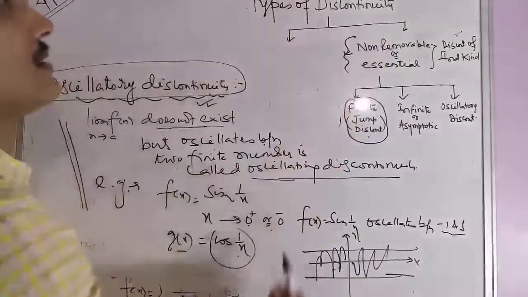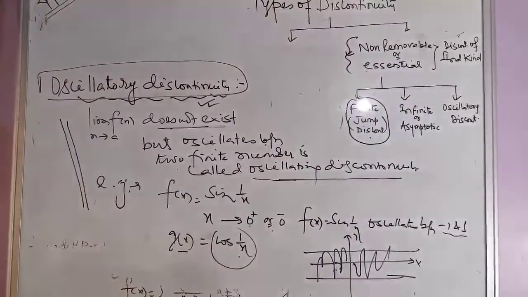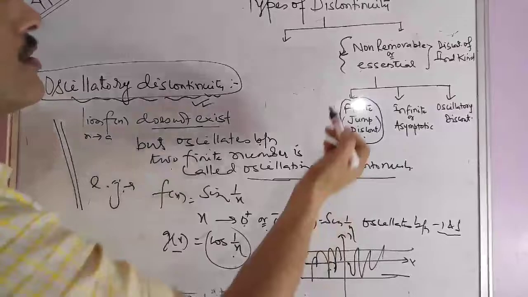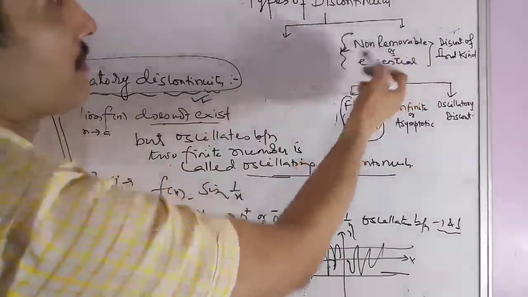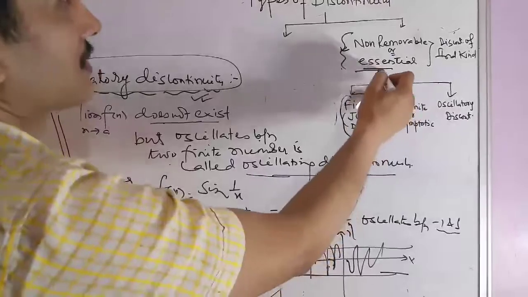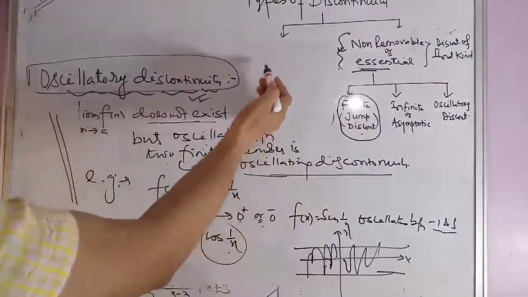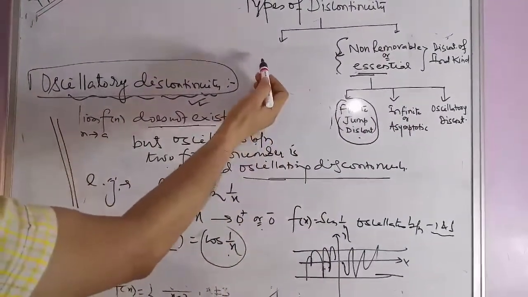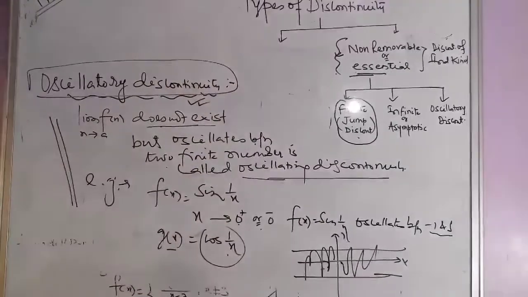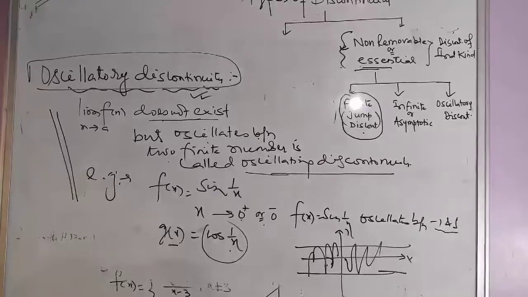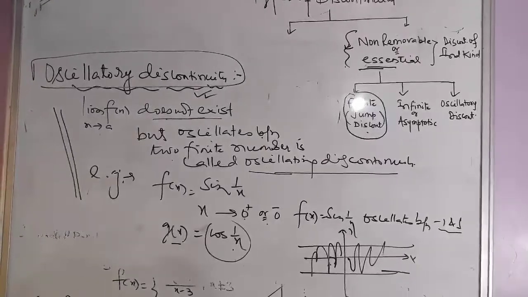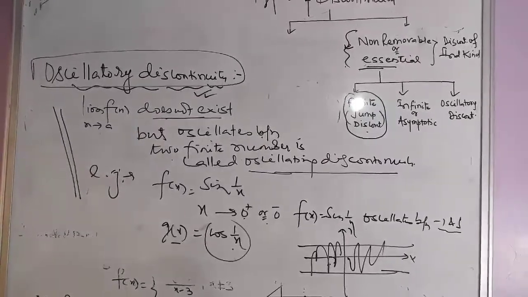We cannot redefine the function to make it continuous in case of non-removable discontinuity, that is, essential discontinuity. But if the discontinuity is removable, then we define the function suitably so that the limiting value equals the function value and make the function continuous.